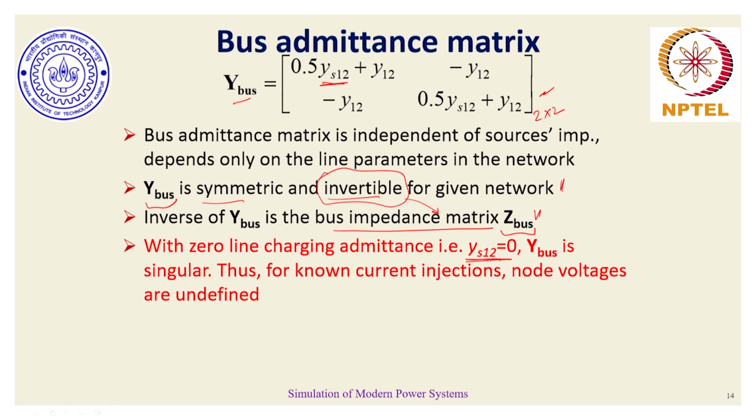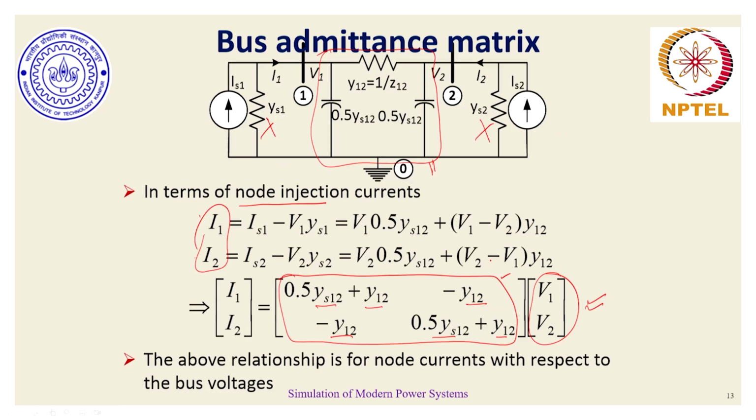If YS12 becomes 0, these two elements or legs are gone, and if we focus only on the network and not on the sources, node 1 and node 2 are connected through the series impedance, but they have no connection at all with the reference node.